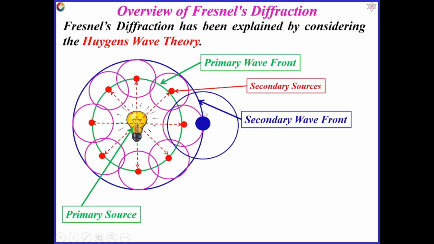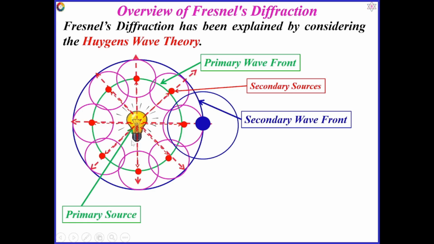Likewise we can consider further forward and forward wavefronts. So just consider, if this is your primary source, this one is your primary wavefront, each and every point on the primary wavefront will be considered as secondary sources, and this is your secondary wavefront.